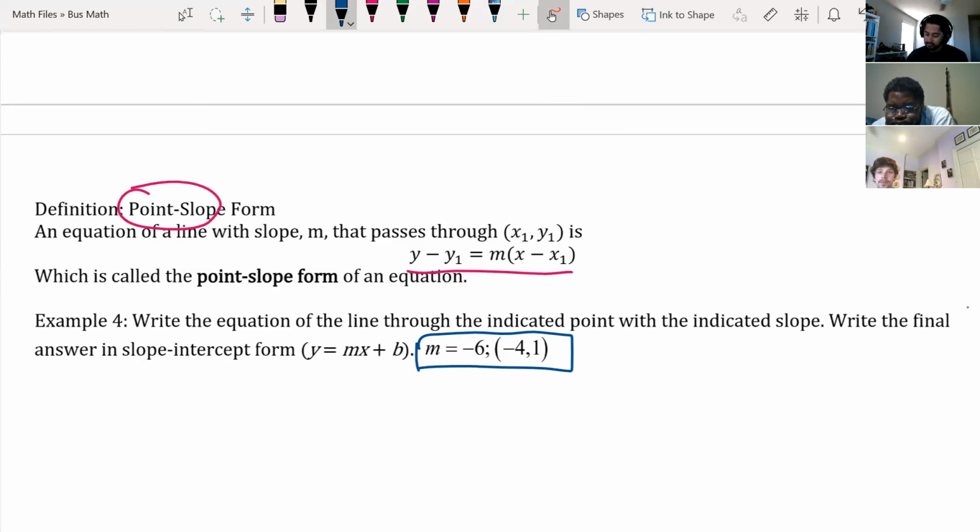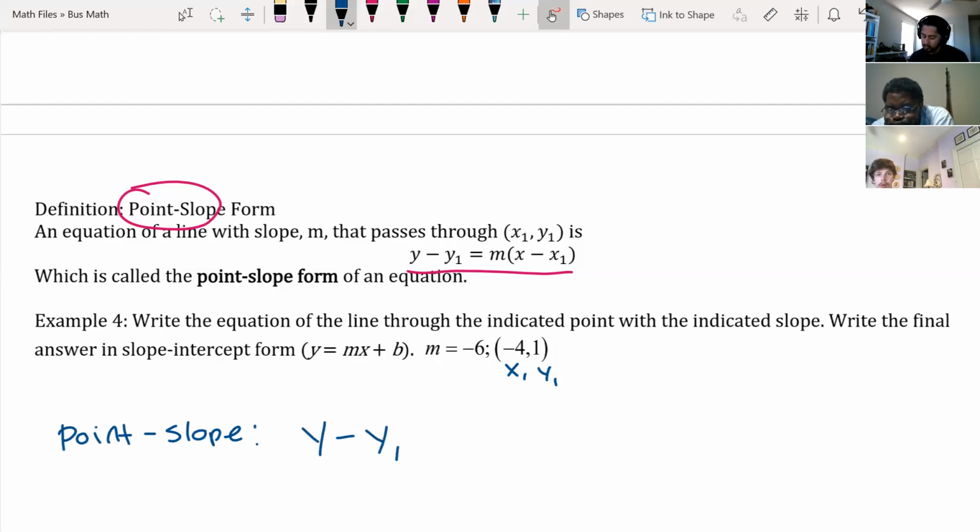Before I begin, I'm going to label my point -4, 1 as x1, y1, just to put labels on everything. Now let's go ahead and use the point slope formula. I'll just rewrite it. The more you write it out, the more times it gets burned in your brain.